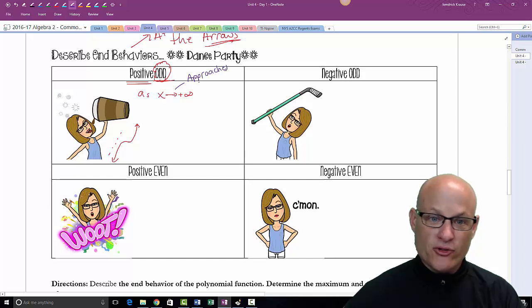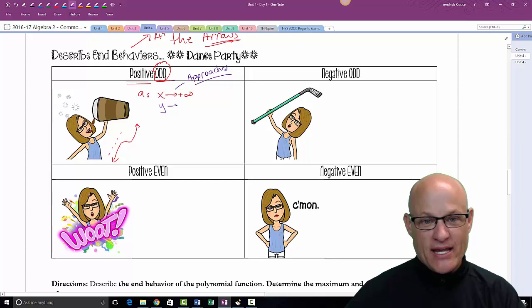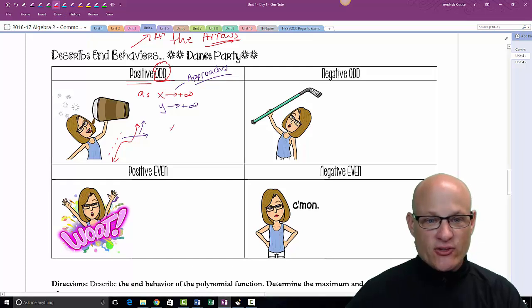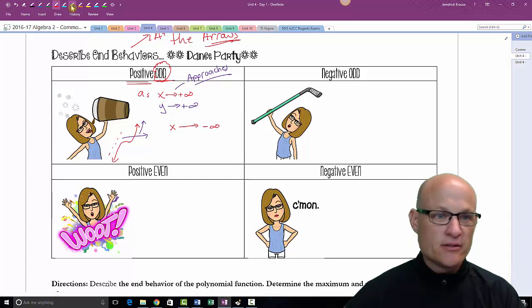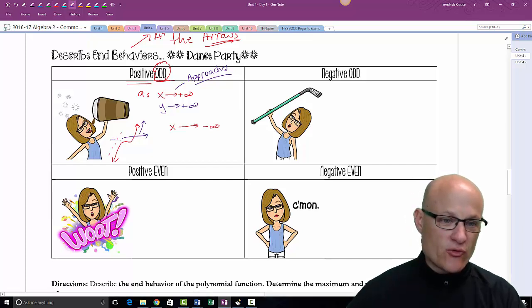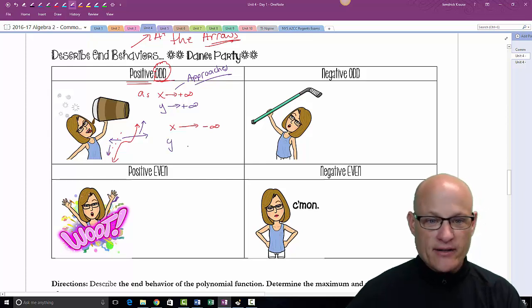So as your teacher reads it to you, they're going to say, as x approaches positive infinity, what's y doing? So as x goes to the right, what's y doing? Oh, it's going to positive infinity. As x approaches negative infinity, what's y doing? So as x goes this direction, isn't y going down? So y approaches negative infinity.